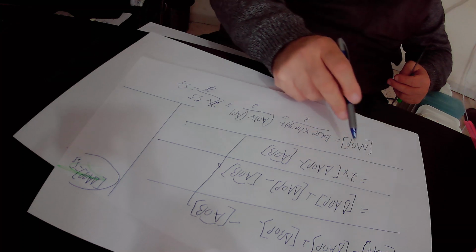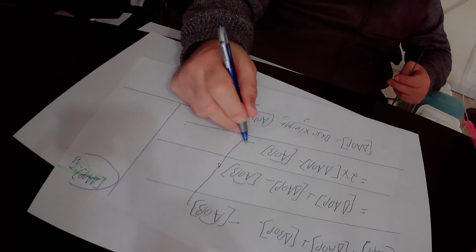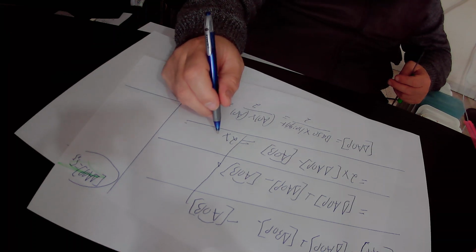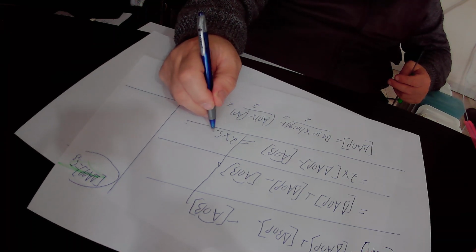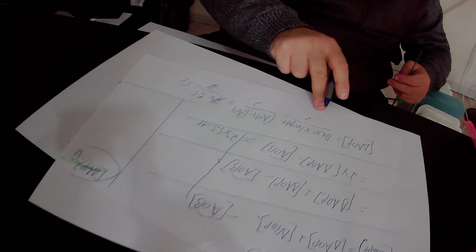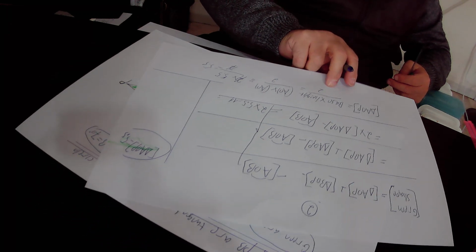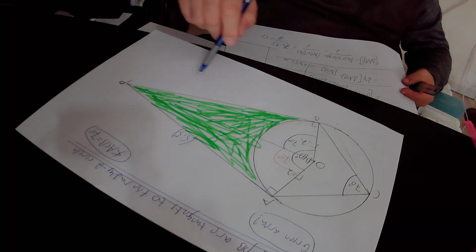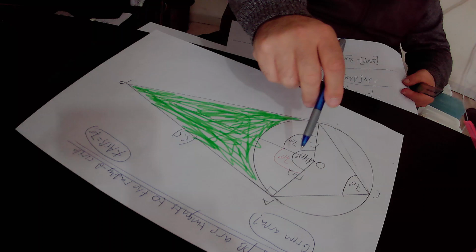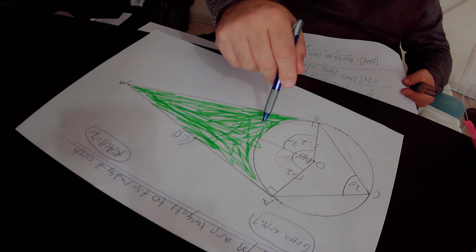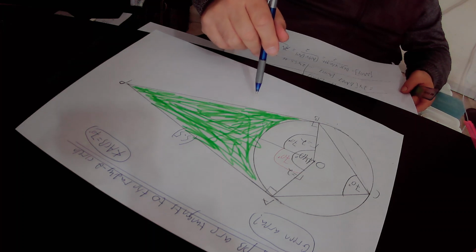So the area of the green shape equals 2 times the area of triangle AOP, that is 5.5. 2 times 5.5 is 11. In conclusion, we found out that the sum of the areas of those two right triangles, the right triangle AOP plus the area of triangle BOP, is equal to 11 square units.